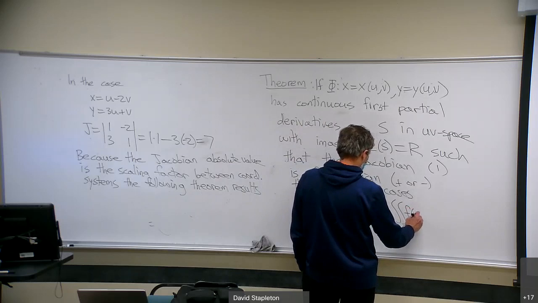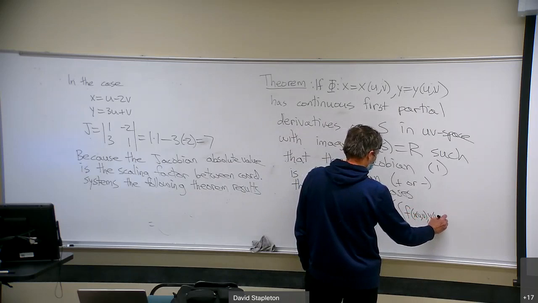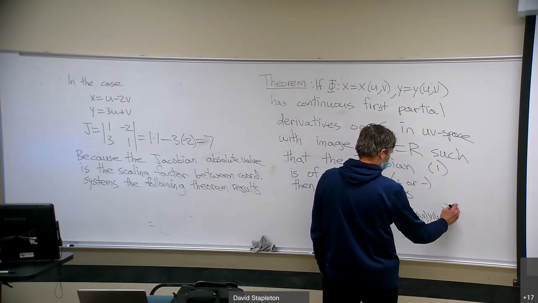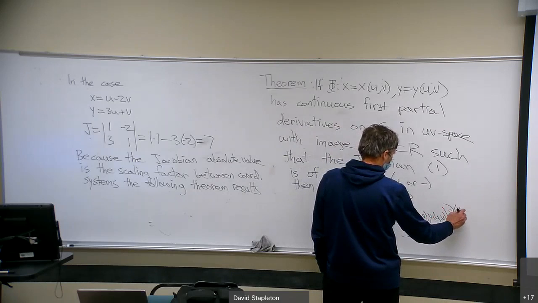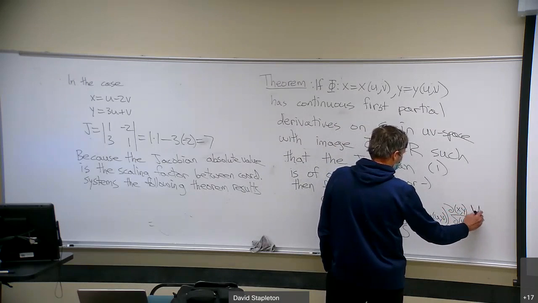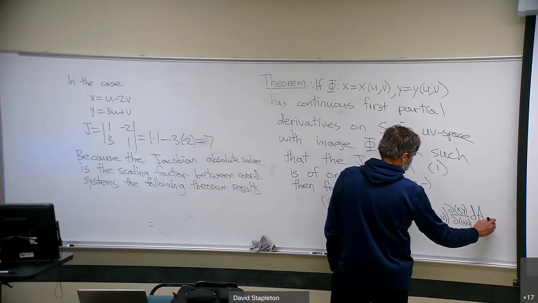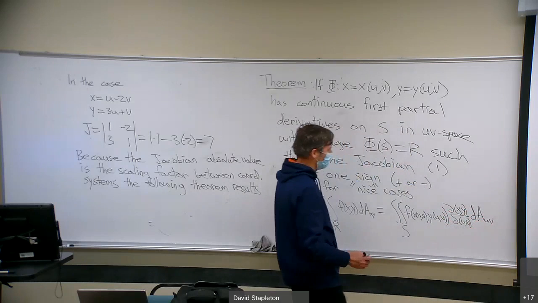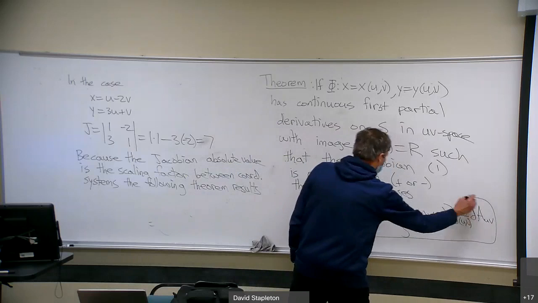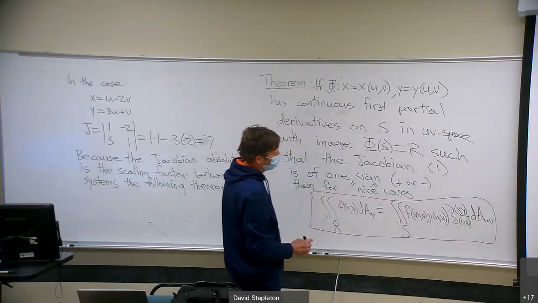So you write f of x of U V, y of U and V, times the Jacobian. I'm going to write the Jacobian this way, d x y over d U V, dA UV, meaning du dV or dV du, for appropriate integration limits.